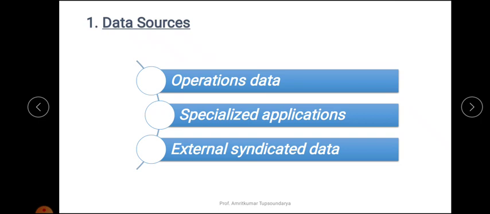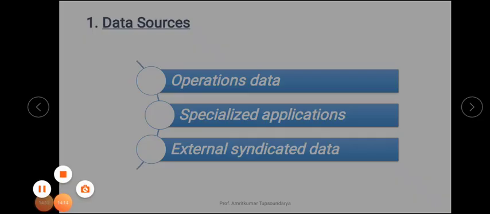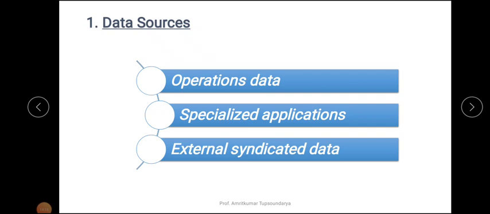Now the external syndicated data, by this I mean the externally publicly available data such as weather forecasting data or economic activity data, that is the GDP. These data can also be added to the data warehouse as needed to provide good contextual information to decision makers or the end users.